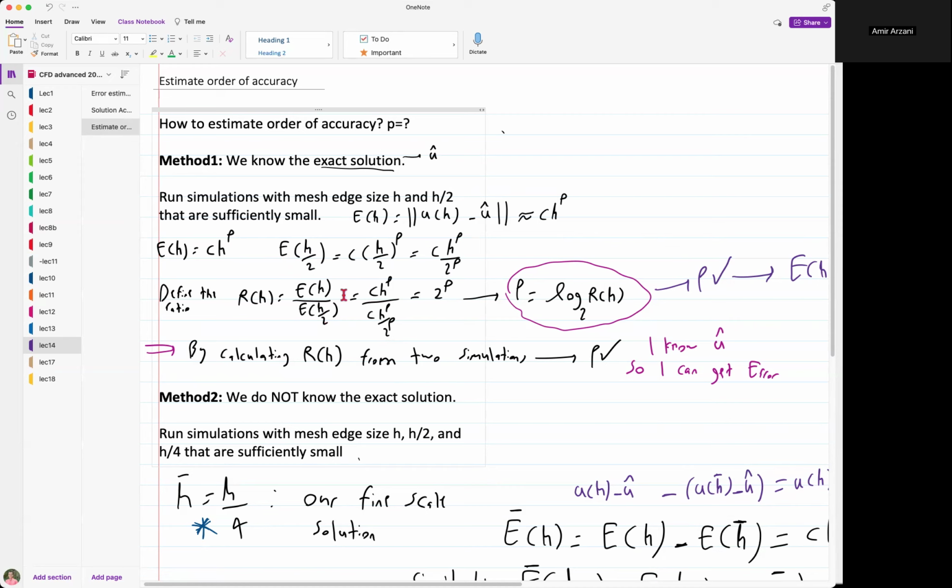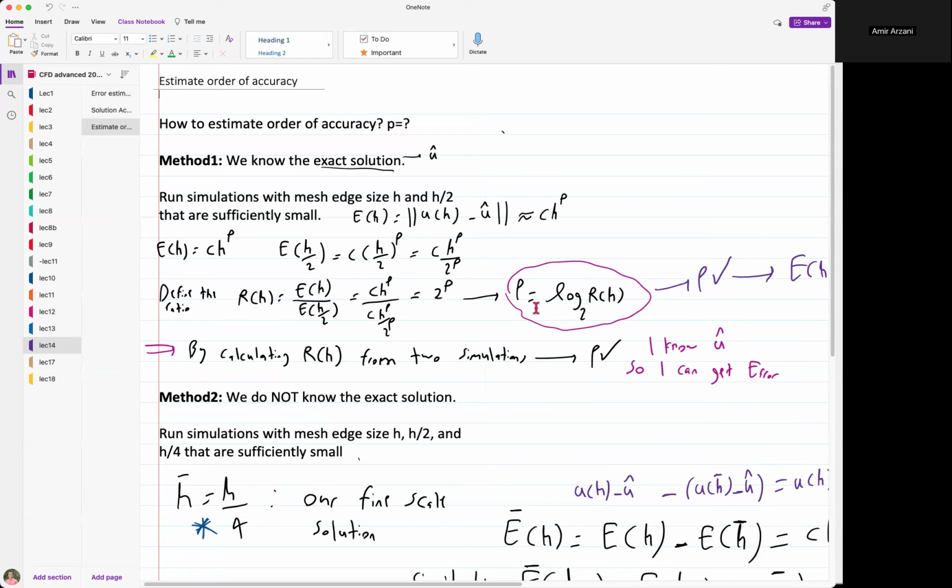So I have the error based on this assumed formula for mesh size h. I also have the error for mesh h over 2. If I take the ratio, the constant c goes away. I get 2 to the power p, so I can solve for p, which gives me this log equation in terms of this ratio.